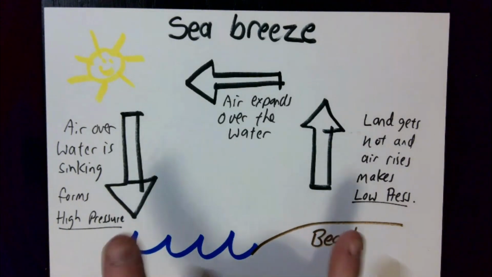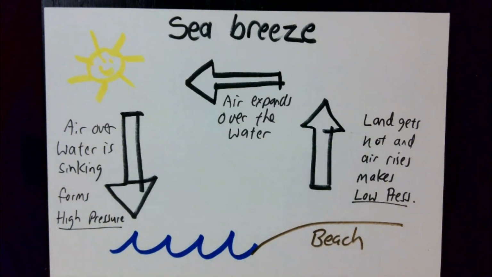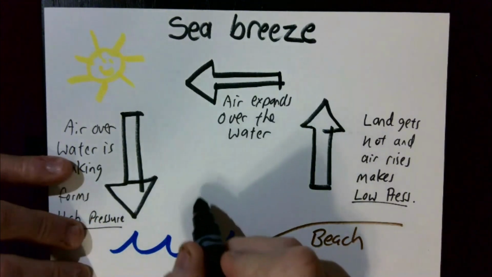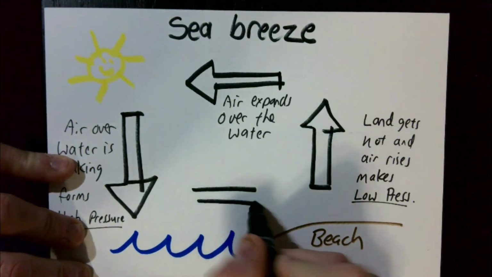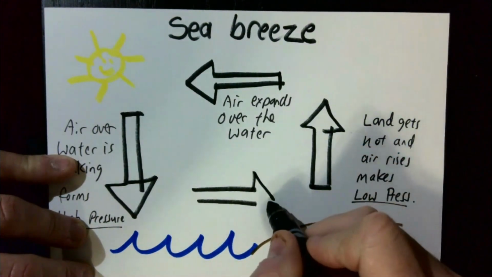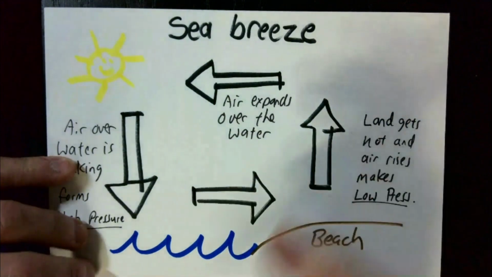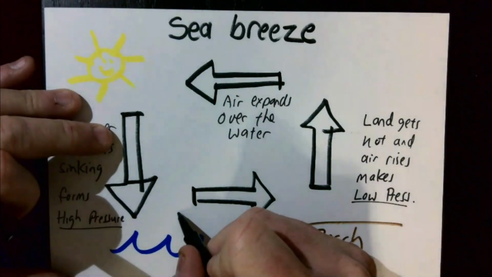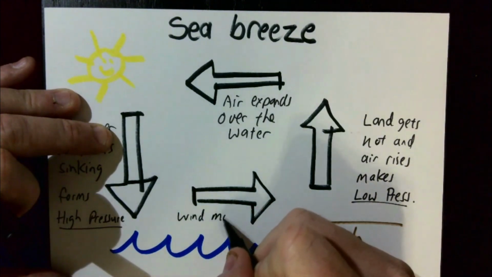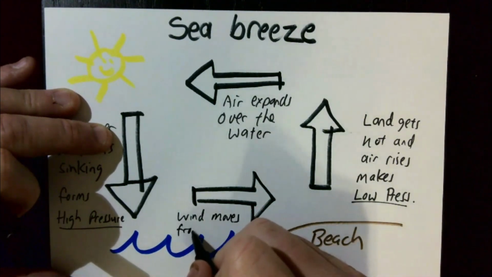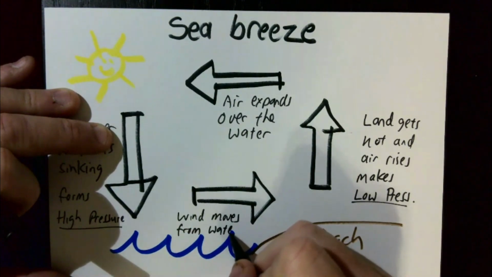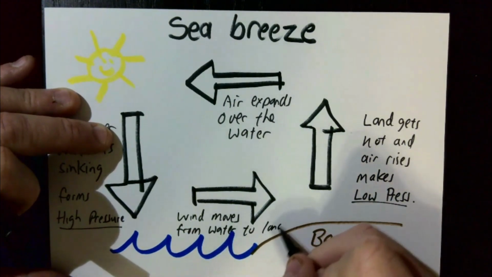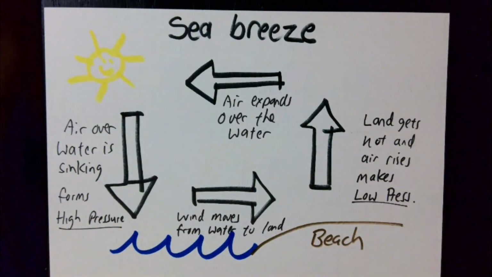And when we have unequal pressures, nature is going to cause things to try to equal out, and we're going to get the movement of the air from the high pressure to the low pressure. So we get wind that moves from the water to the land.